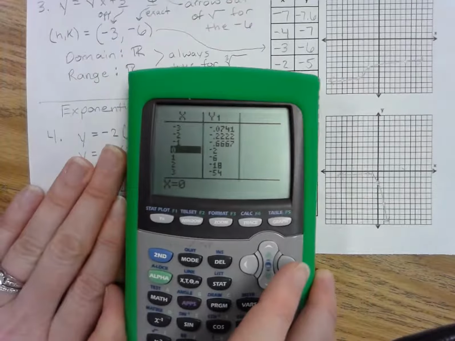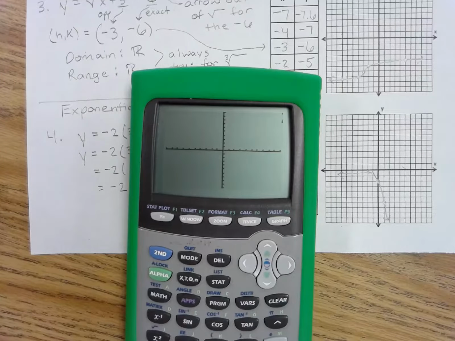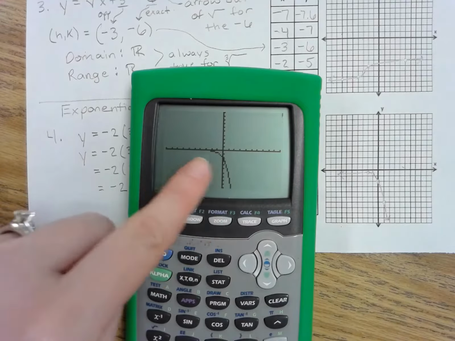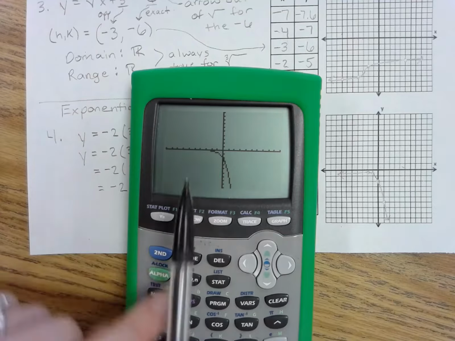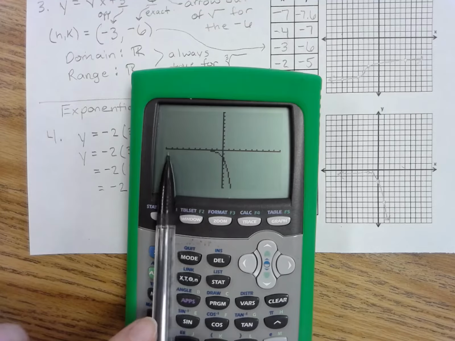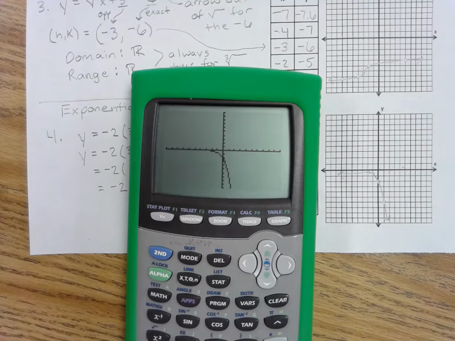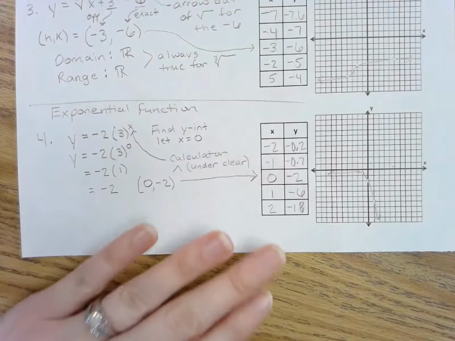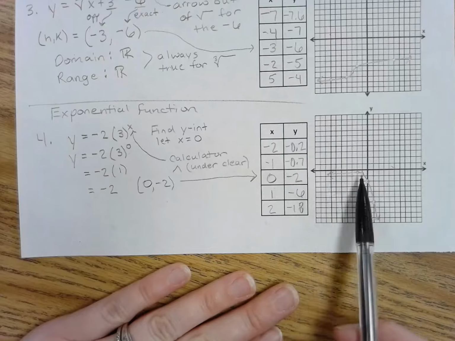You could always hit the graph button to also compare your graphs. And so if we notice here, our graph looks very similar to this. This line gets very, very close to the x-axis and just continues along beside it. It never actually touches it or passes over it. It just gets very close to that line.